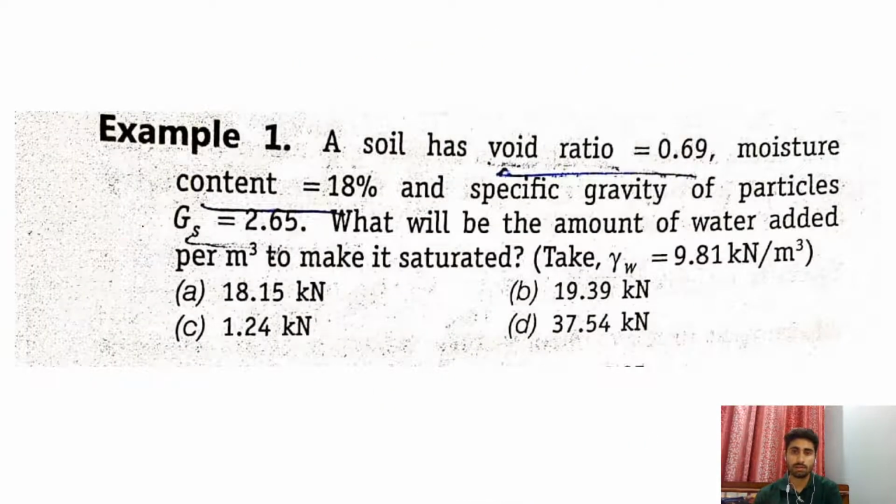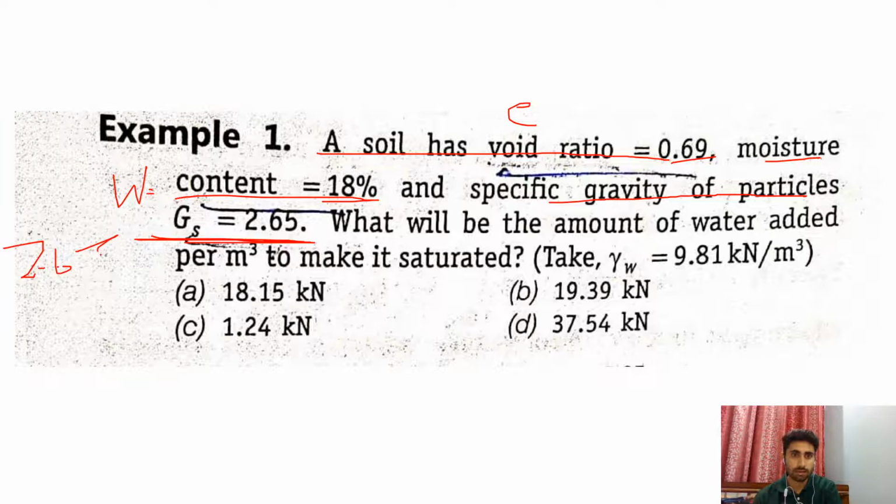Let's further go for the next numerical. A soil has void ratio e of 0.69. Moisture content w is 18%, and the specific gravity of particles, true specific gravity Gs, is 2.65.